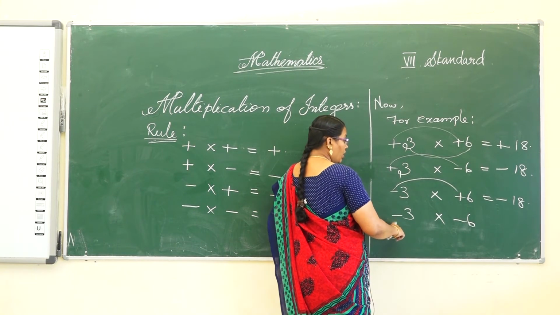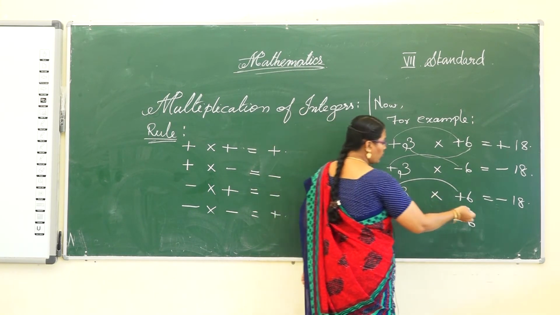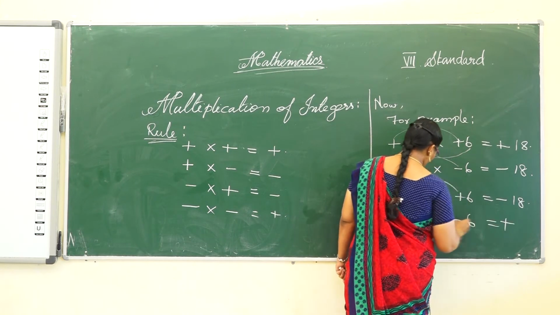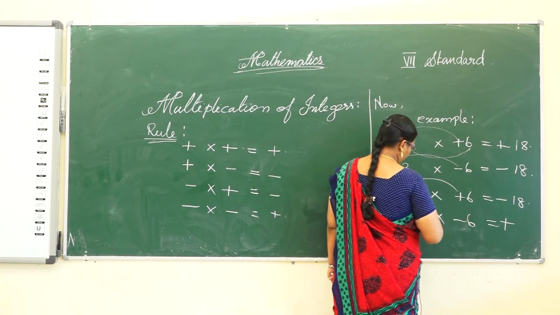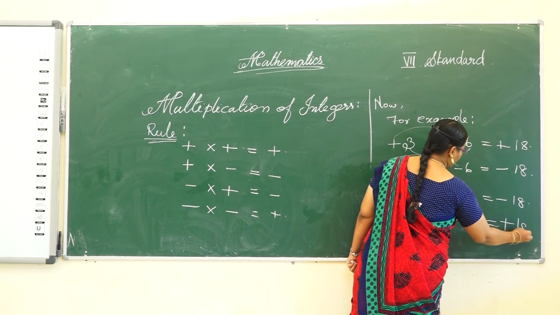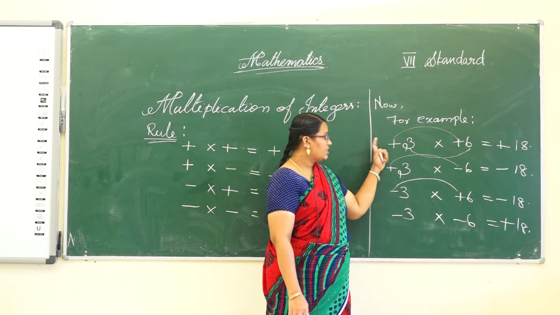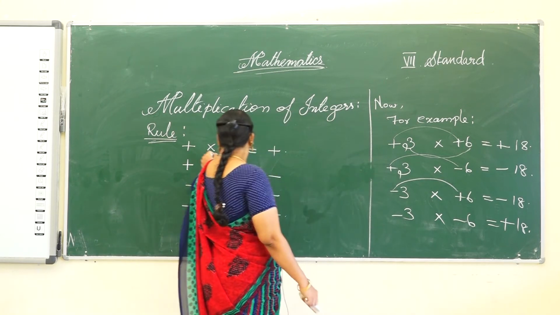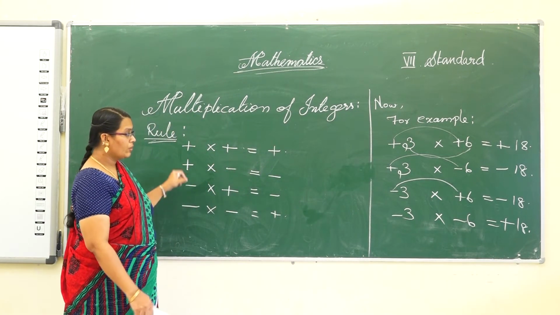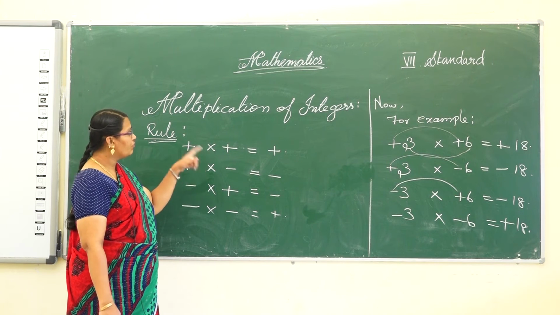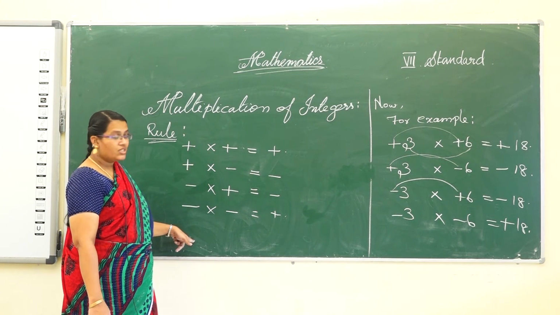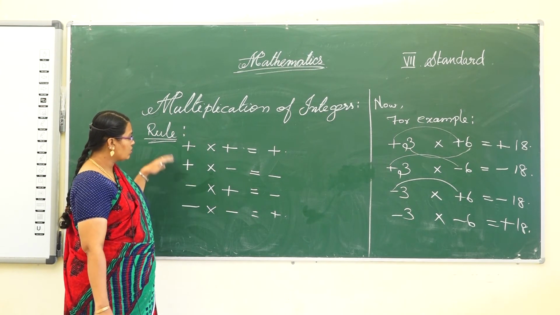The product of two negative values is positive. So minus into minus is plus, 3 sixes are 18. I hope you all understand, because I have used the same number for all the rules, so it is easy to understand the concept of multiplication of integers.